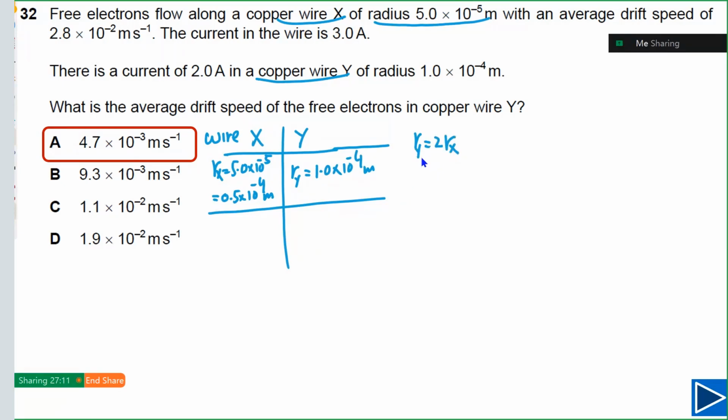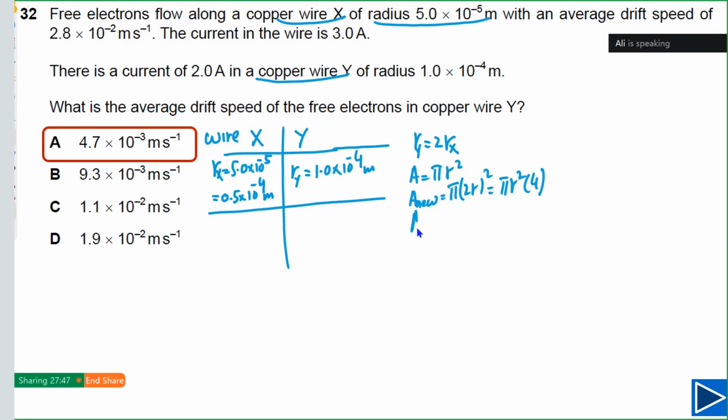This is one thing. If the radius is doubled, how about the cross-sectional area? A is equal to pi times R squared. Let me use a different way to explain, otherwise this will be a bit confusing. Let's say this area is equal to this one, and for the new area the radius is doubled, so it is pi times (2r) squared, which is pi r squared times 4.